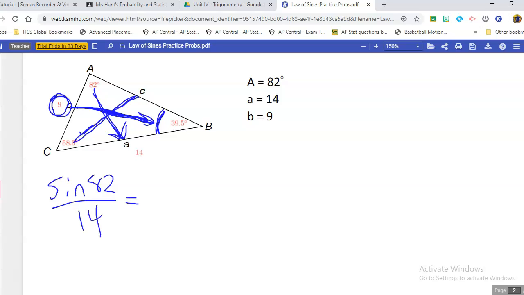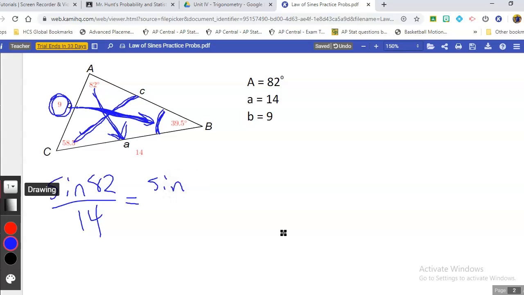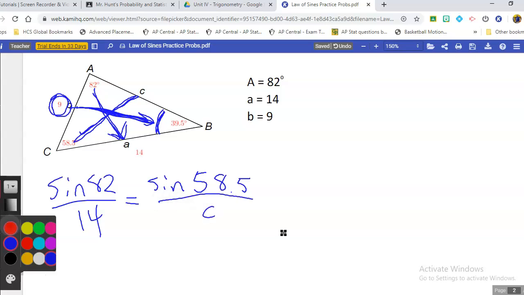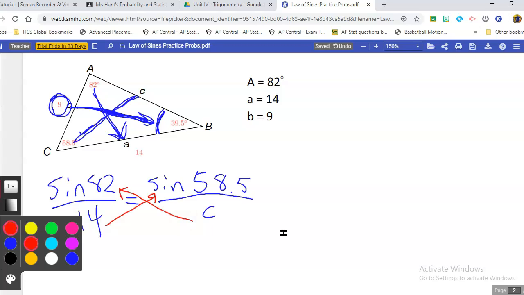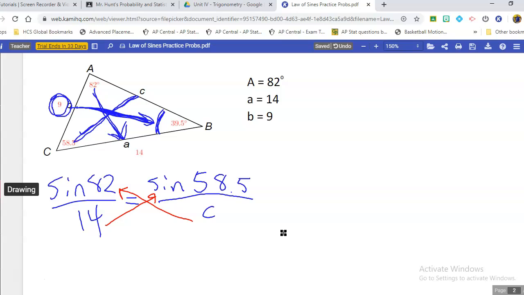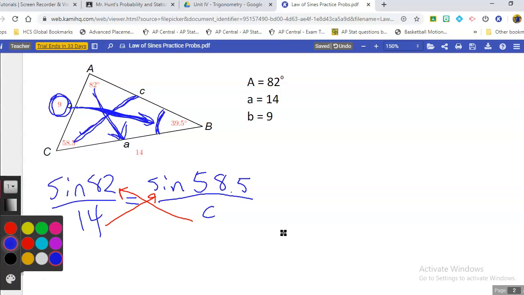And we're going to say that's equal to the sine of 58.5 over c. And we're going to cross multiply just like we normally would, and that would give us our equations.